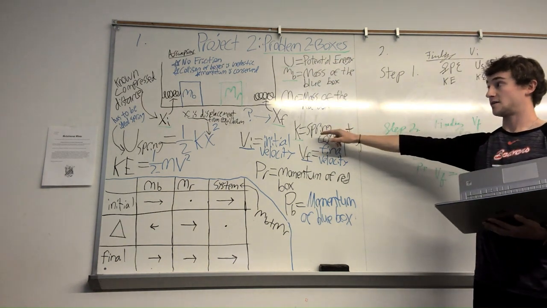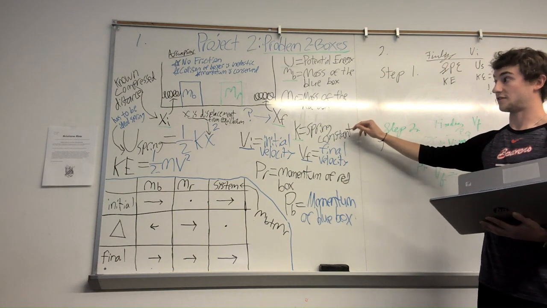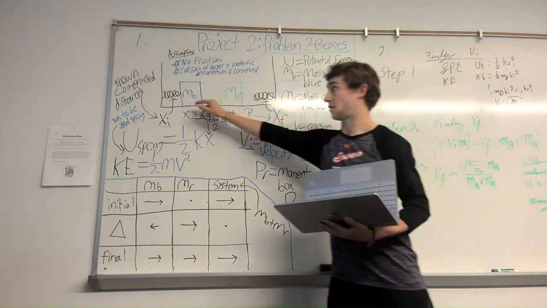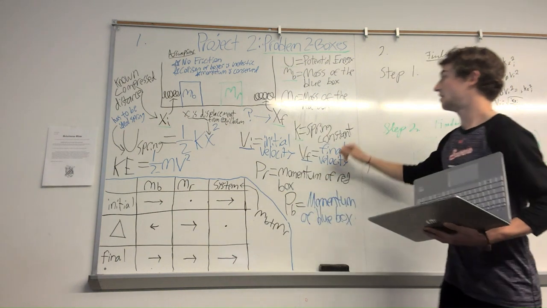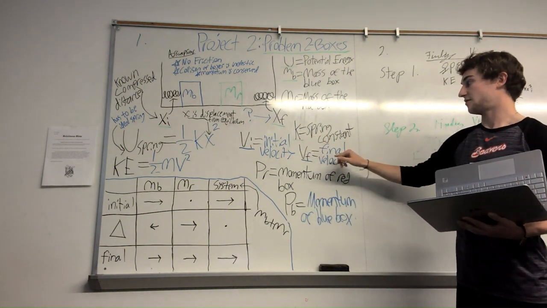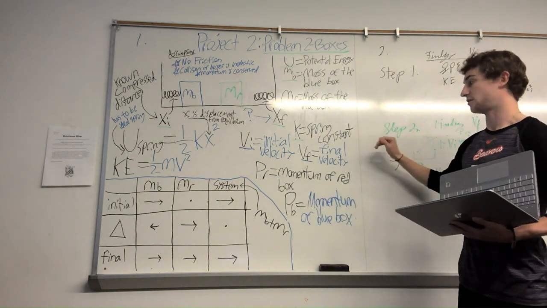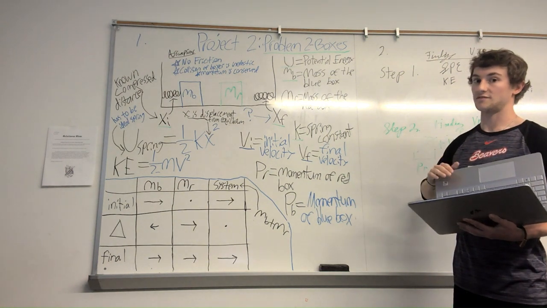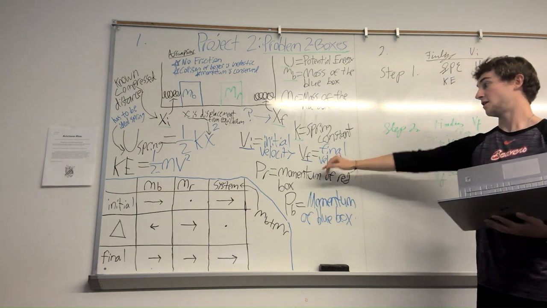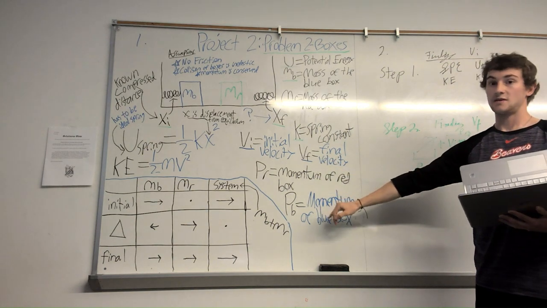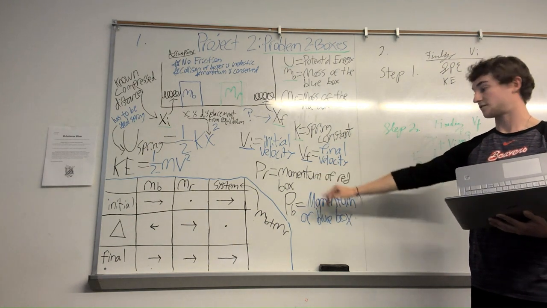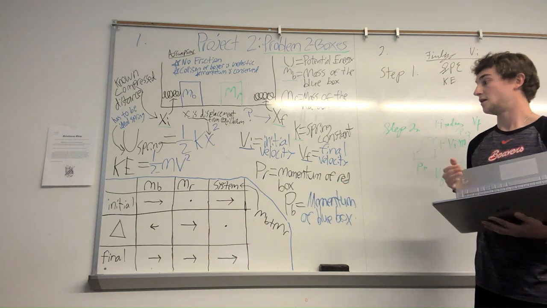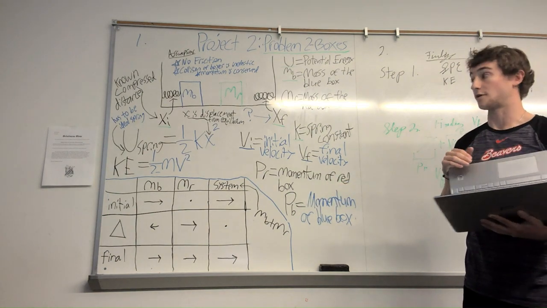K is the spring constant, and that will be involved in how much these springs are compressed. VI and VF are the initial and final velocities, and those are going to be in step two of the solving process. PR and PB represent the momentum of the red box and the momentum of the blue box, and those will also be found later on.